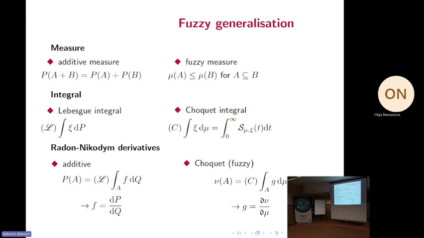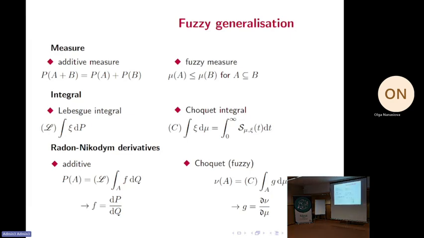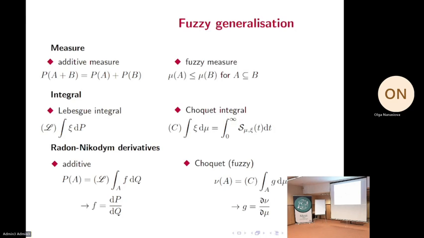This is the same idea with the Choquet integral. We want to compute this function g as the argument in the integration. However, since we are doing it in a fuzzy case, it's not as easy as the derivatives in the additive case, and that's why I presented all the properties and necessary conditions for existence and so on. Okay, thank you very much.